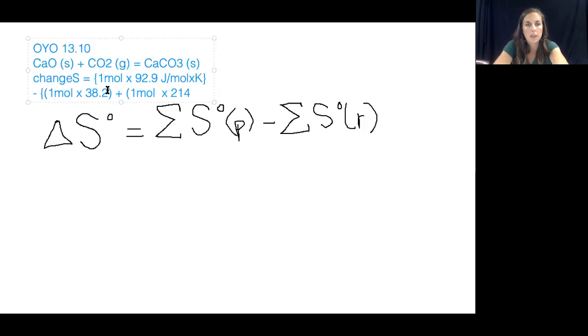I didn't put the other units, sorry, let's fill those in. Joules divided by moles times Kelvin. Okay, and I'm going to close my parentheses and close my bracket because that is both of my reactants. So I have the product minus all of the reactants added together.